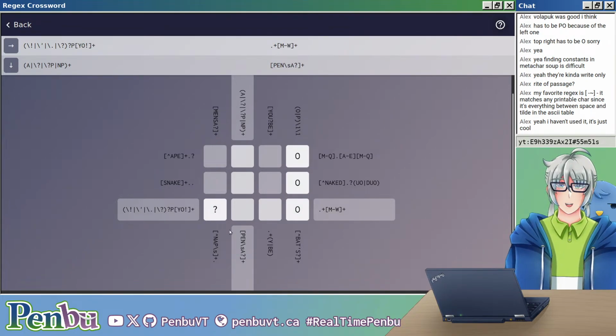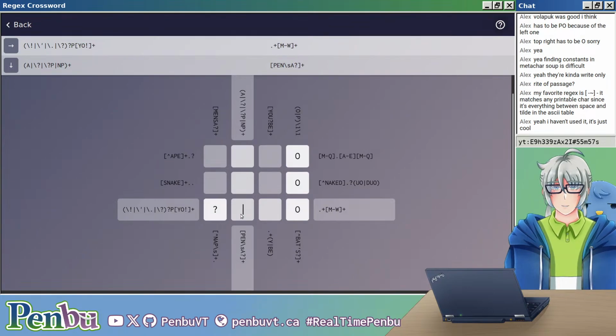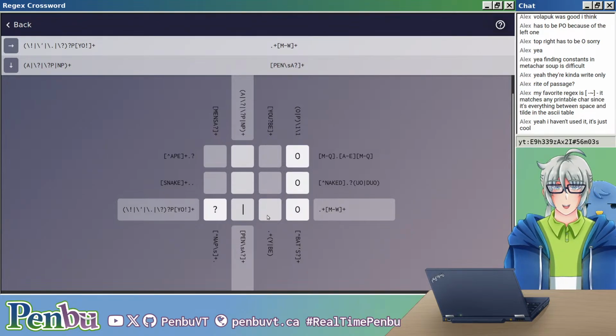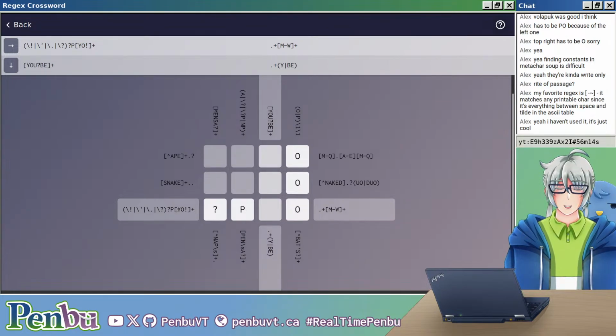It's interesting because for all the time that I've known regex, and I've been using regex for a very long time, for some reason I haven't come across that one yet. Or even thought about doing that. So then we know that this is a P. And so this is a Y or an exclamation mark.